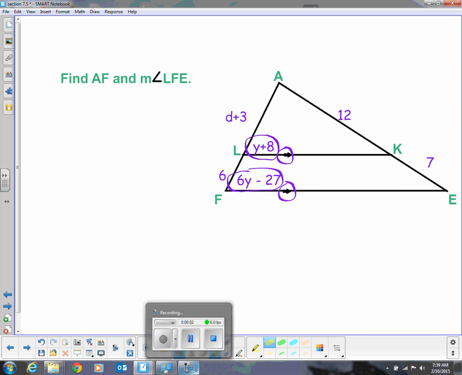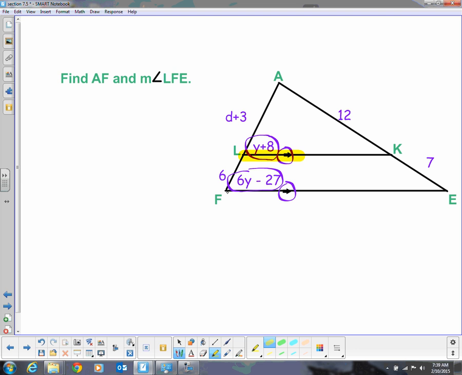When we have parallel lines, remember all those letters we had? Z's? What other kind of letters? F's. Is there an F there? Okay, this line's parallel. This line's parallel. This is the transversal. Do you see the F? What do you know about those two angles then?